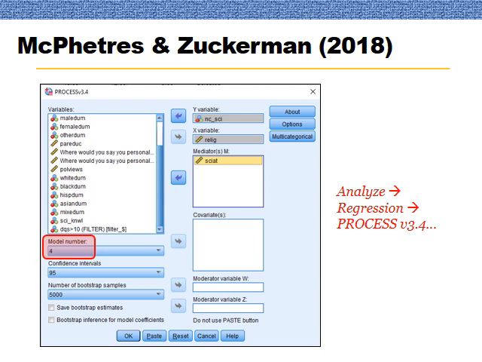Before we run the analysis, we also need to allow long variable names, which shouldn't be a problem here since they're all pretty short. And more importantly, in the options menu, we want to check the box for show total effect model. This will tell us about the overall strength of the relationship between X and Y, which we will then parcel out into direct and indirect effects.